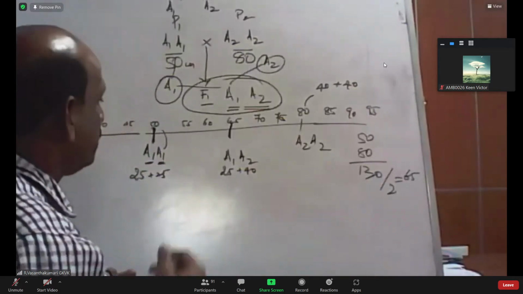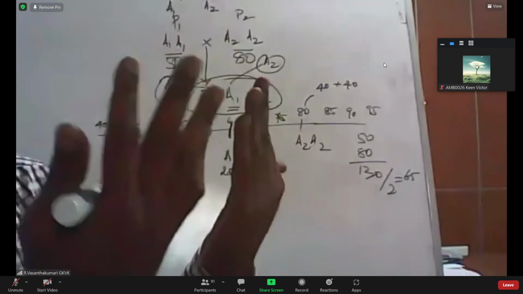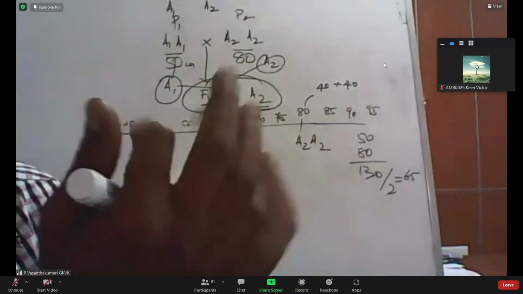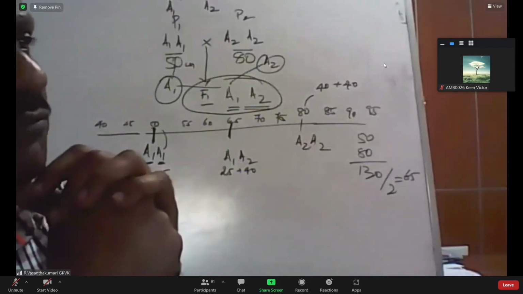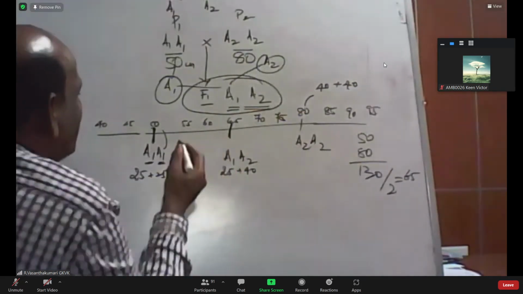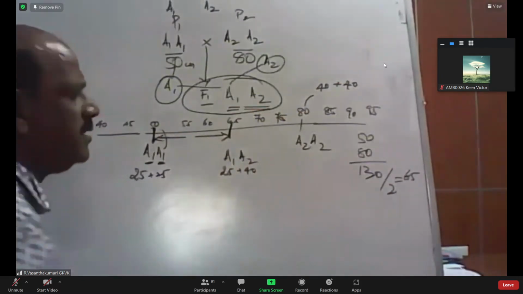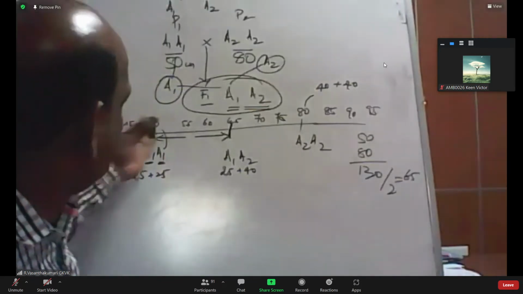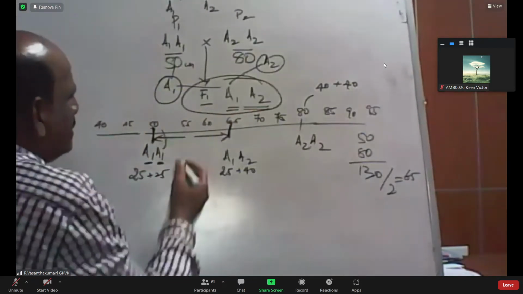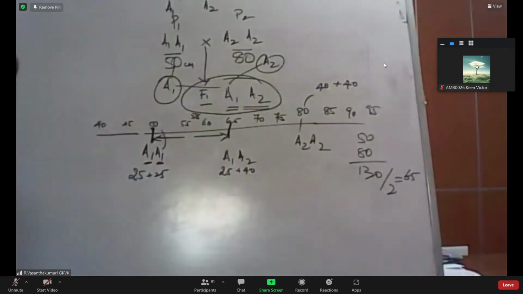Now let us suppose that when you make a cross between A1 and A2, you derive an F1 A1 A2, and the F1 can have a plant height somewhere between 50 and 65, let us say something like 58. Now what do you say?